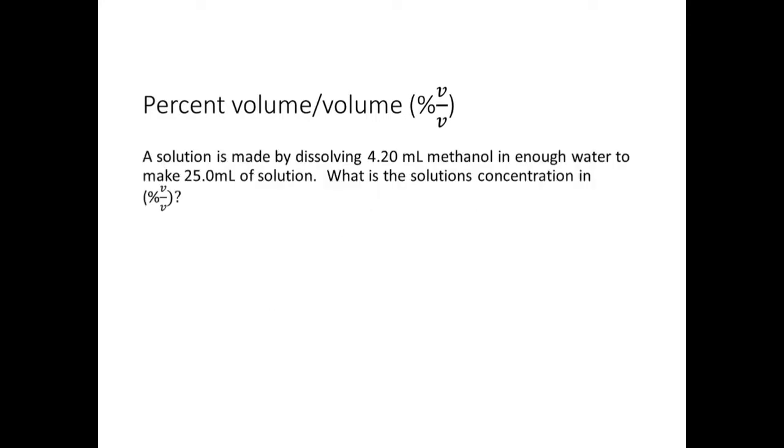Here in the next slide, we have an example we want to work. A solution is made by dissolving 4.2 milliliters of methanol in enough water to make 25 milliliters of solution. What is the concentration? Well, they've made it easy for us. They've given us the amount of solute and told us the solution volume.